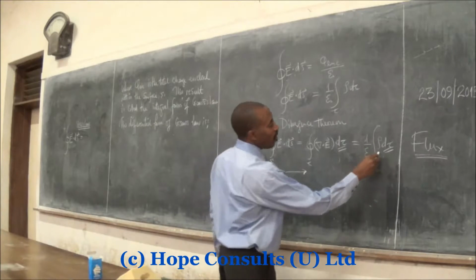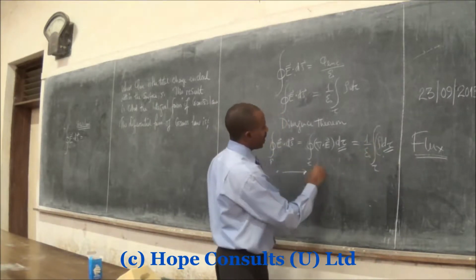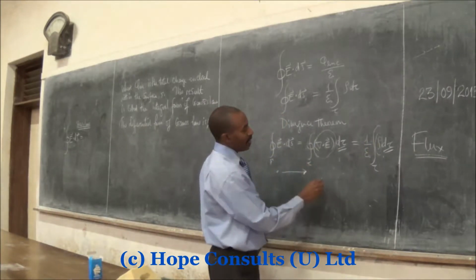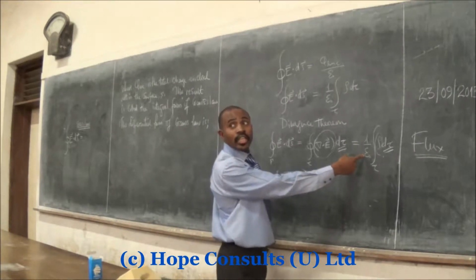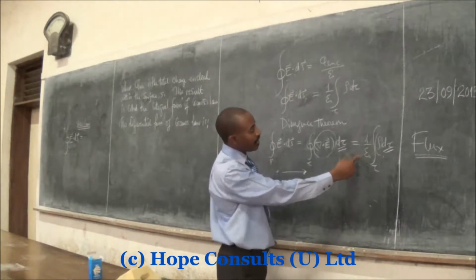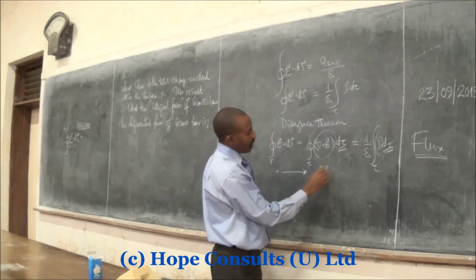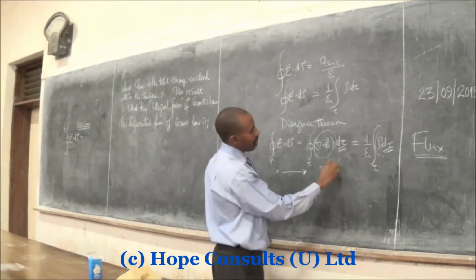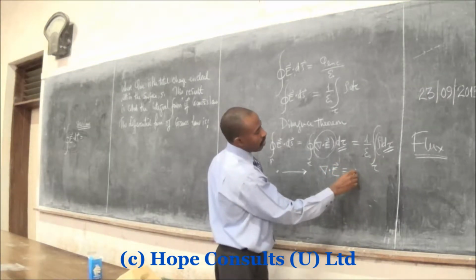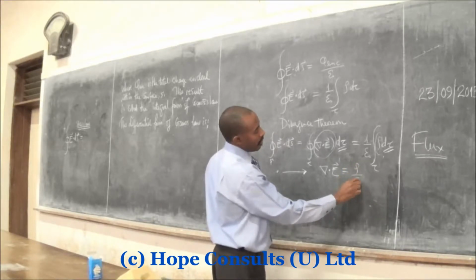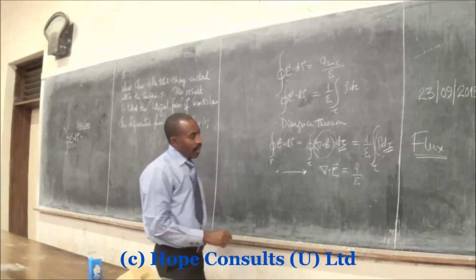So this is our integrand, and this is our integrand, so if we also take into account the constant, then we should have that the divergence of E is equal to rho over epsilon naught.